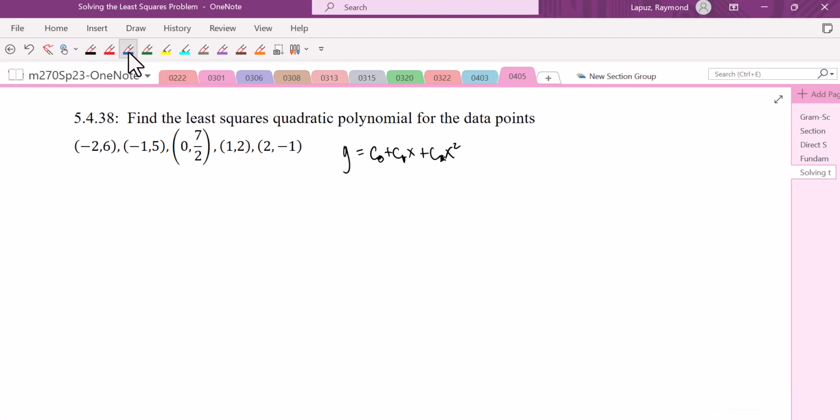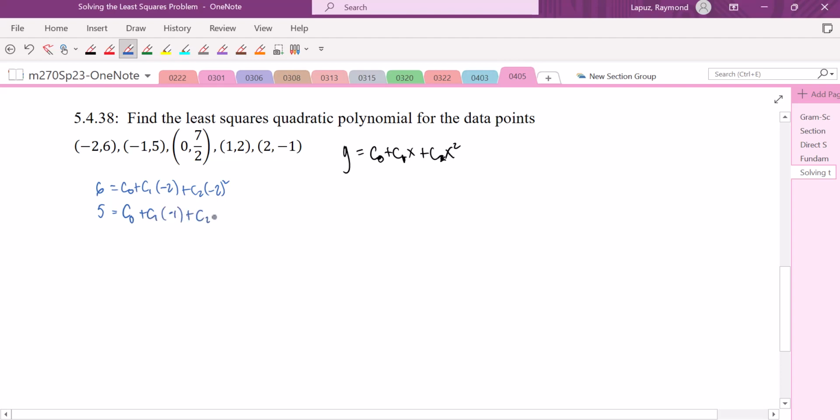Now, by putting these points into the equation, for the first one I get 6 equals c sub 0 plus c sub 1 times negative 2 plus c sub 2 times negative 2 squared. Going on down the line, I get 5 equals c sub 0 plus c sub 1 times negative 1 plus c sub 2 times negative 1 squared.